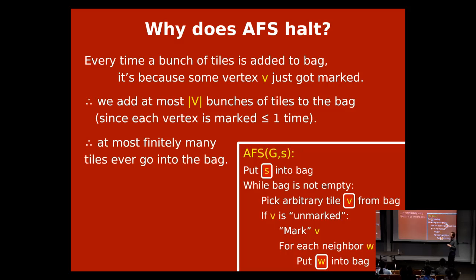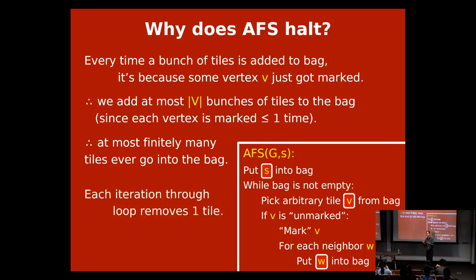So that's good, because every time we put some stuff in the bag, it's some finite set of tiles, the neighbors of v. So we put at most n bunches of tiles into the bag, each of which is finite. So the bag will never get more than a finite amount of tiles. But every time you go through the loop, you remove one tile.